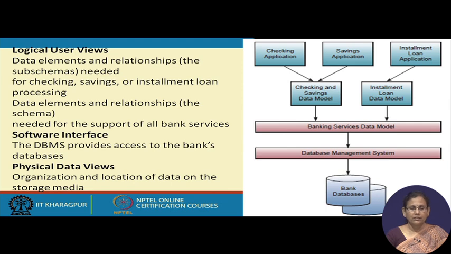This software interface is called the database management software. Then at each user level, depending on what kind of permission they get, they can access the database fully or partially. So, at the logical user level, they would be seeing only the entities and relationships which they are entitled to see.